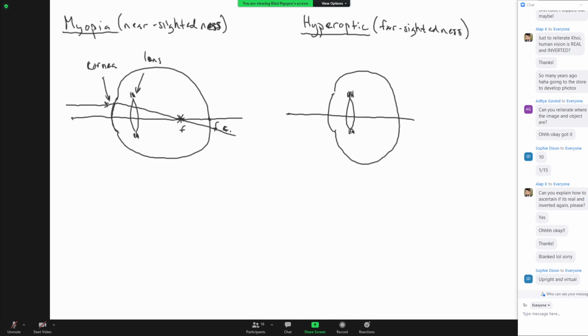So for some reason, your cornea is not convex enough, and it focuses light behind the fovea centralis or your retina. Okay, so hyperopic people, hyperopia, are people who focus light way too far behind their retina or fovea centralis.